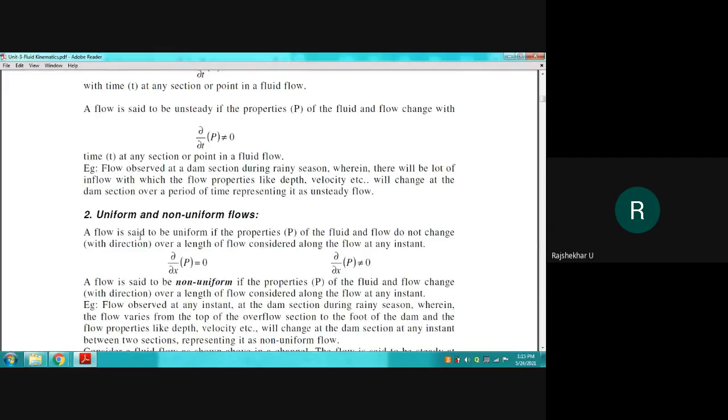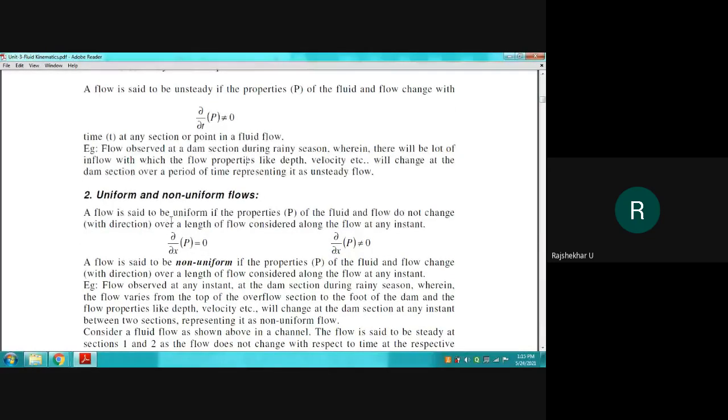Now we'll be differentiating with direction, x direction, y direction, or any direction. It is not only the x direction, it can be y or z direction also. So if the fluid properties are not changing with respect to direction, that is a uniform flow. In a particular direction, if the fluid properties are not changing, it is uniform flow. If the fluid properties are changing with direction, that is non-uniform flow.